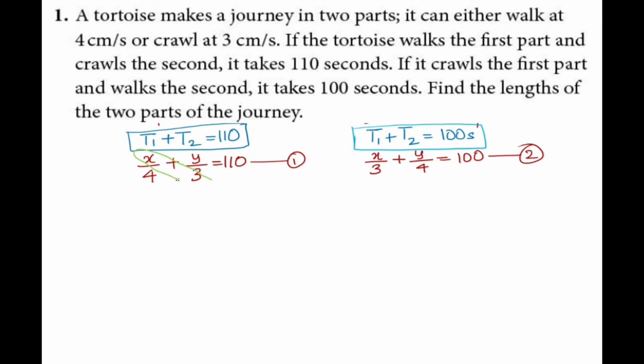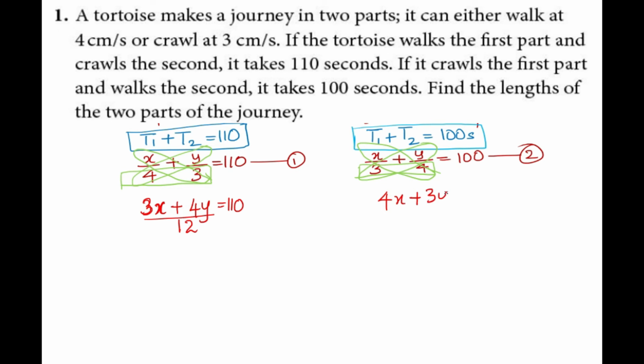You can use the butterfly method here to simplify these fractions. So you have 3x plus 4y divided by 12 equal to 110 here, and here it's going to be 4x plus 3y over 12 equal to 100.